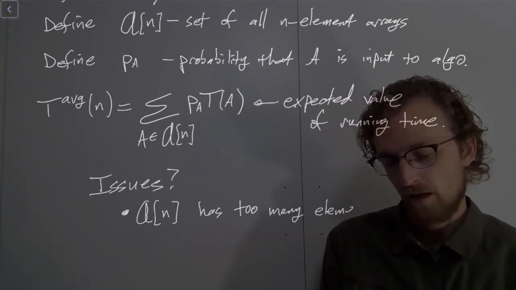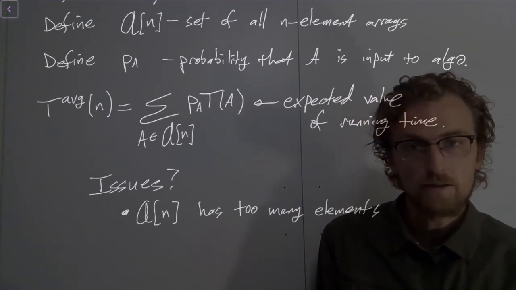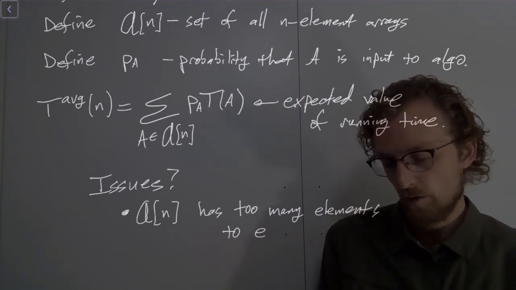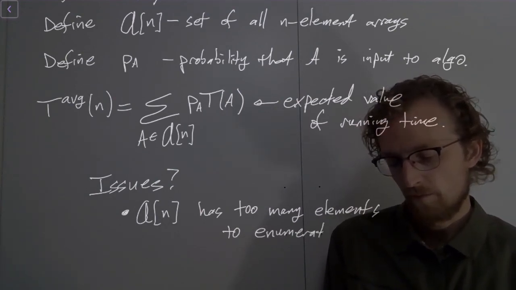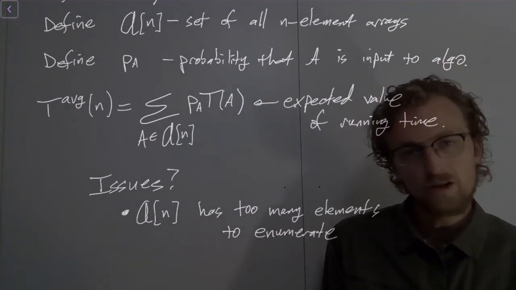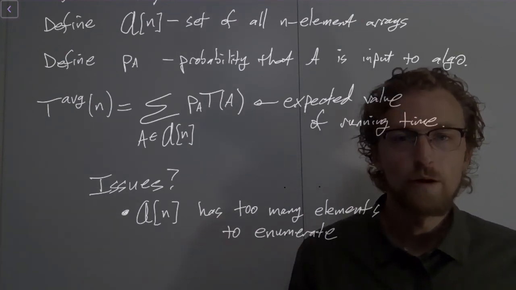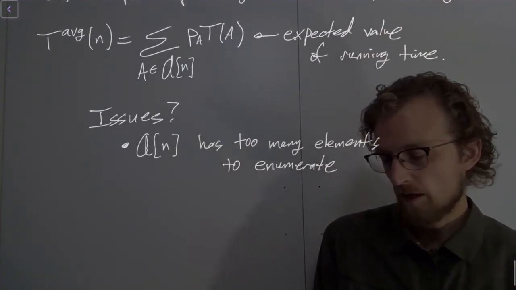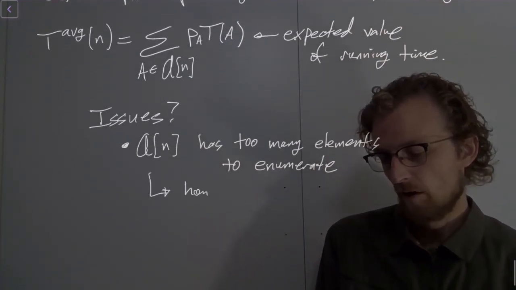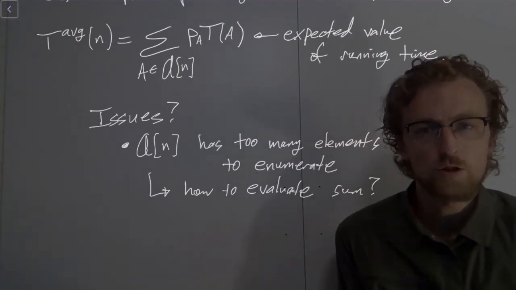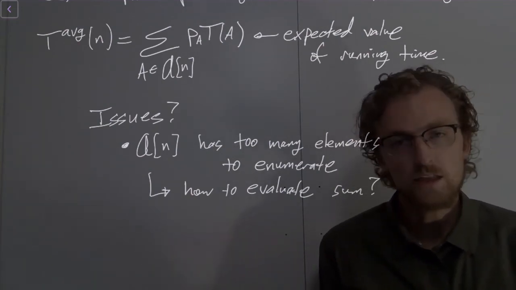There are too many arrays for us to do this well. So we need to compute a sum over a whole bunch of things that we can't even write down. That's a problem. So how do we evaluate the sum, or the expected value, when there are too many things to write down? So that's point number 1.